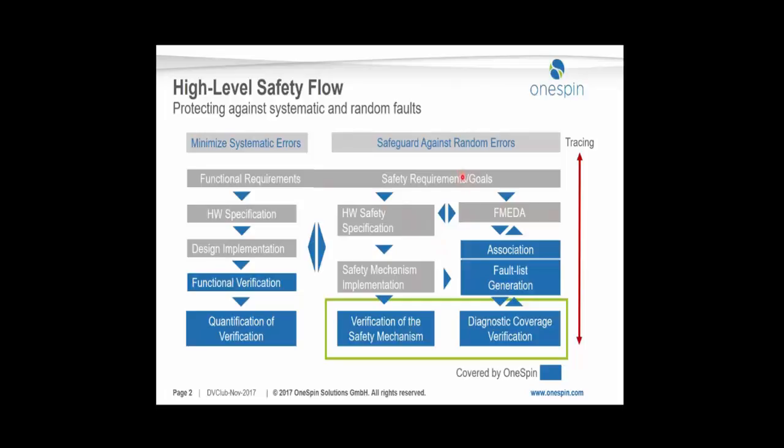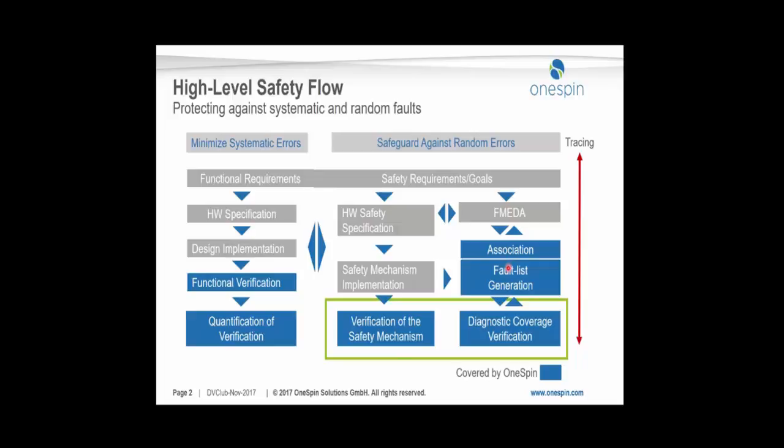We not only have to verify that those safety mechanisms work, we also have to do what's called the FMEDA. We already talked about that in detail. If we have derived our FMEDA, what we also have to do is kind of an association. So we have to see which failure modes are attached to which parts of the design to eventually derive something like a fault area information.